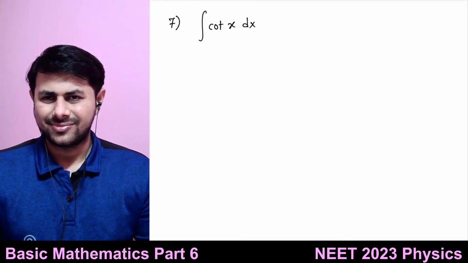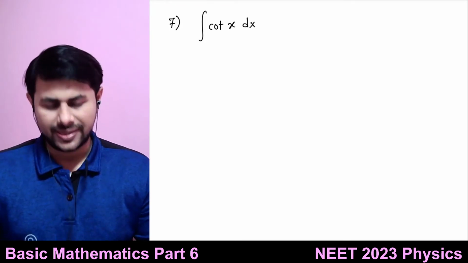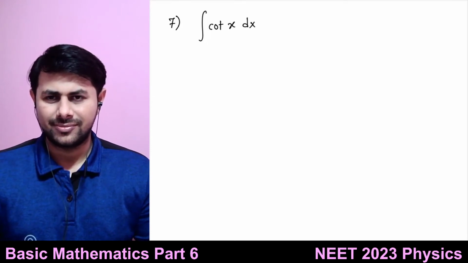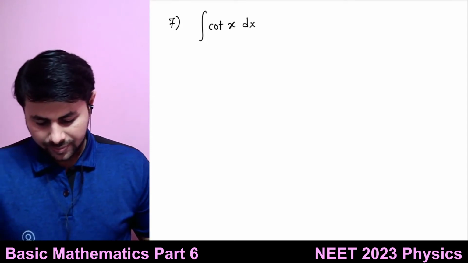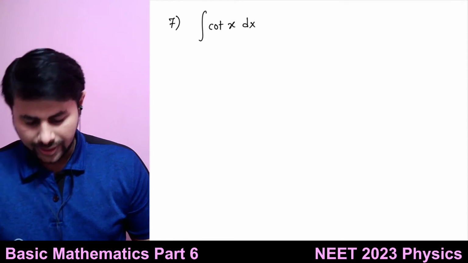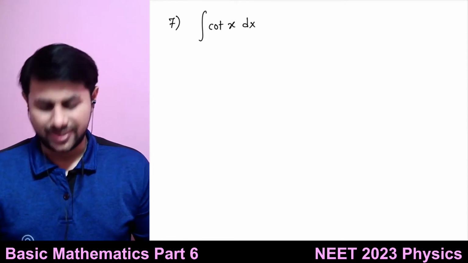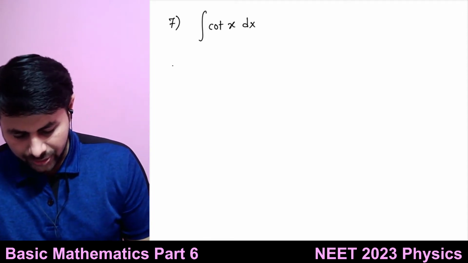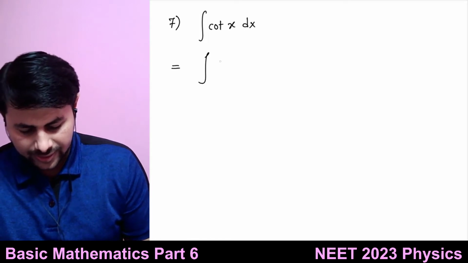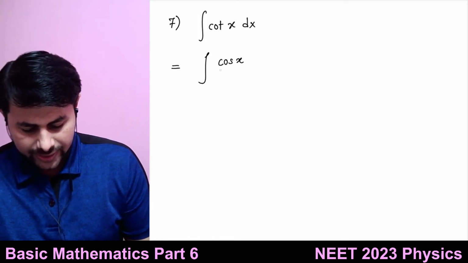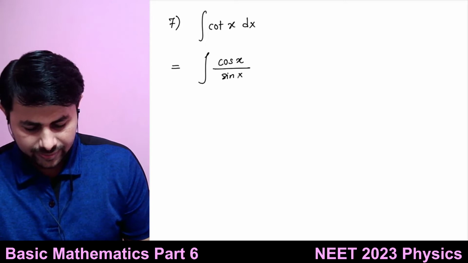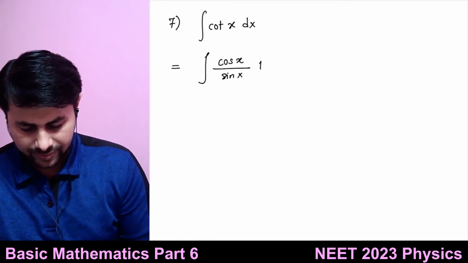Minus cosec square x. Right. So I don't want derivative. I want to integrate this. Okay. So what should I do? I can write this as cos x upon sin x dx.